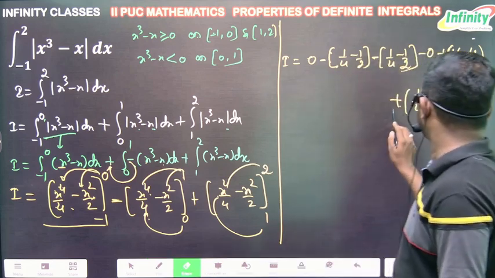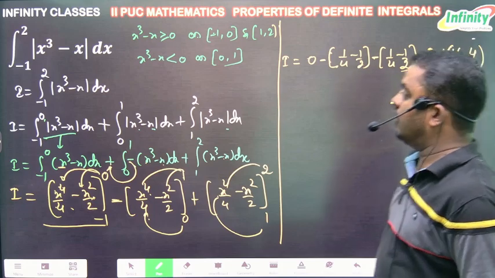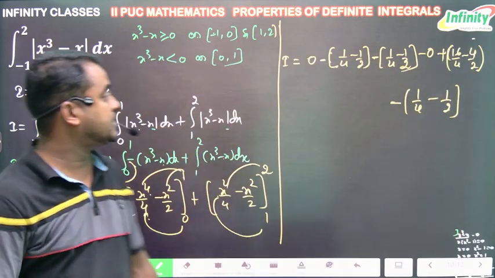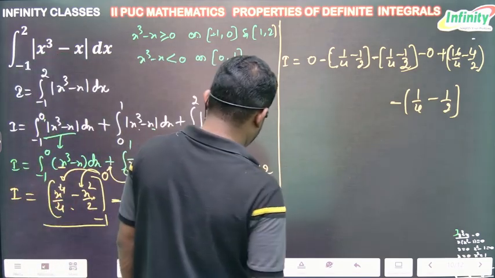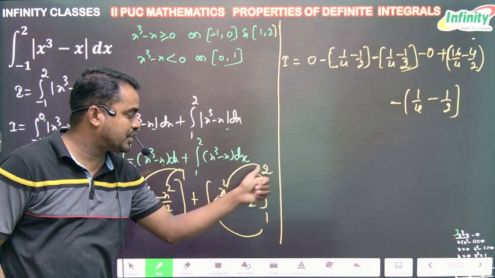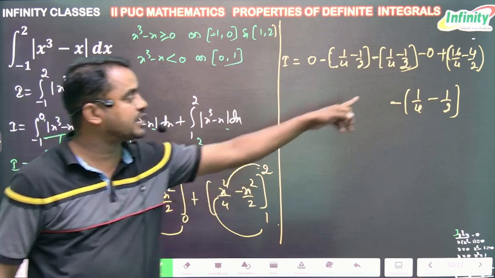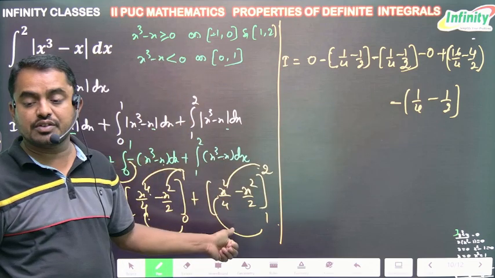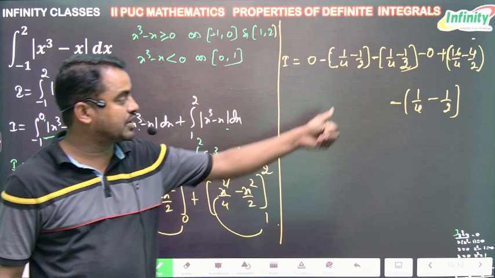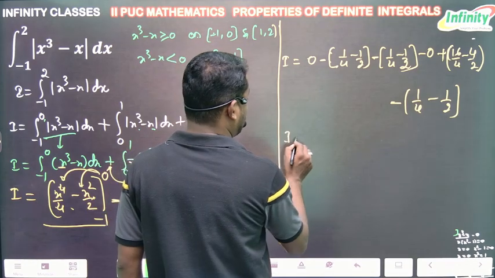Sorry, minus sign here. So here I is equal to, 2 raised to 4 is what? 16 by 4. Minus 2 square means what? 4 by 2. Then minus of the lower limit, minus 1 by 1 raised to 4 is what? 1 by 4, minus 1 square is what? 1 by 2.